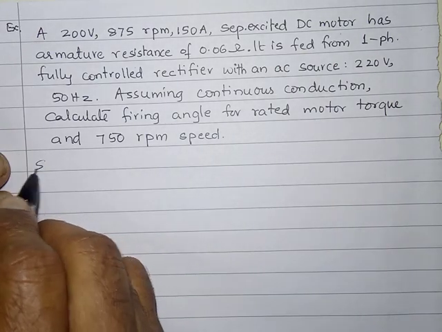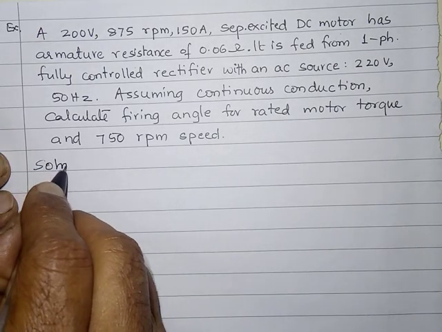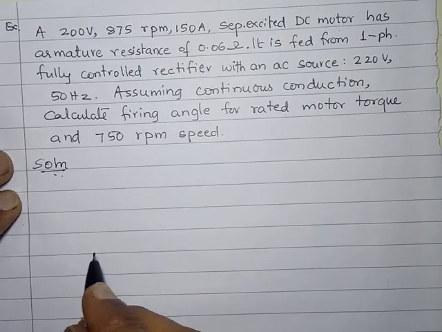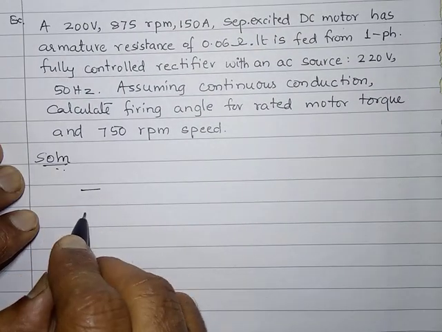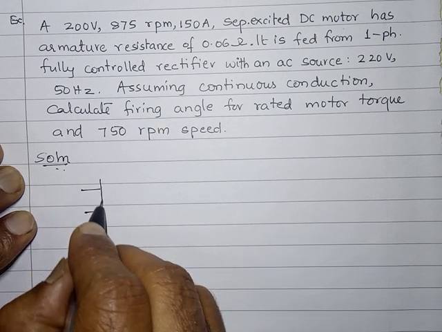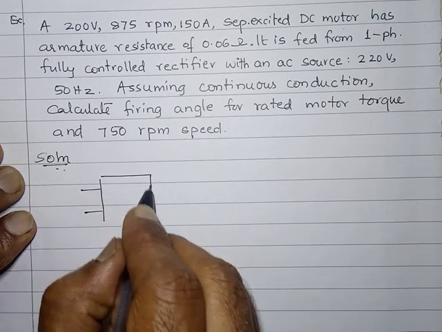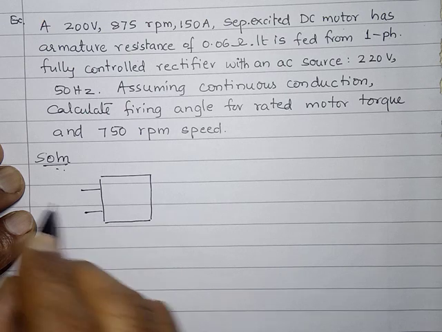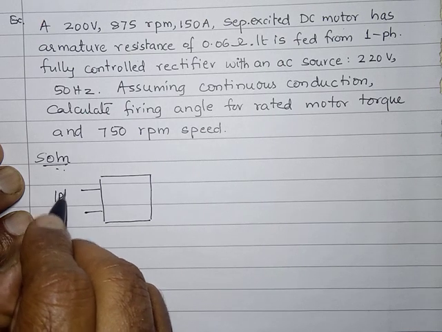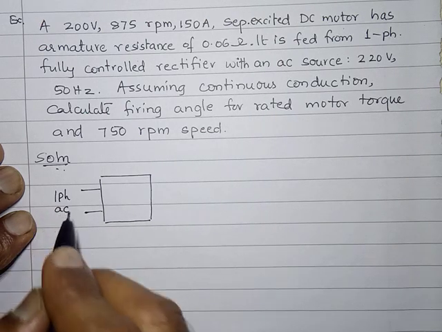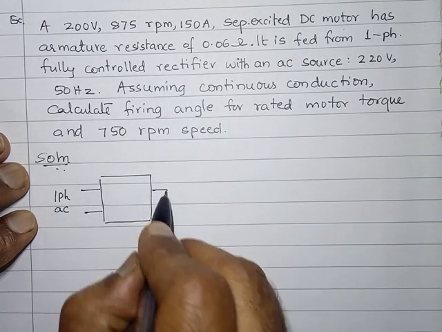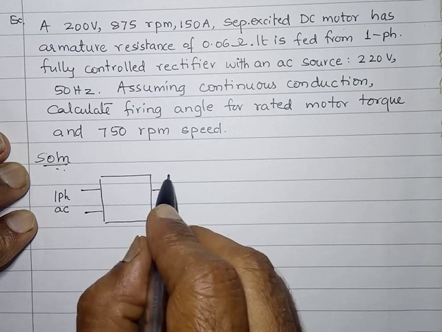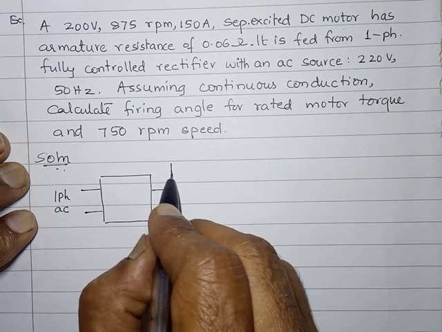So we will first show the schematic, the circuit that will make our understanding of the problem very clear. We have single phase AC. You try to compare the way you thought with the solution now. So we have the DC motor.